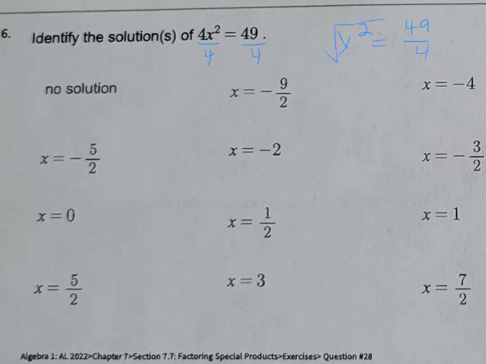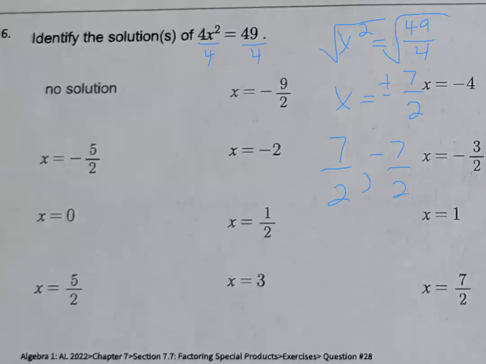And if we square root both sides, we get x equals plus or minus, the square root of 49 is 7, square root of 4 is 2. And so those are your two answers, 7 halves and negative 7 halves. Okay, that's one way to do it.